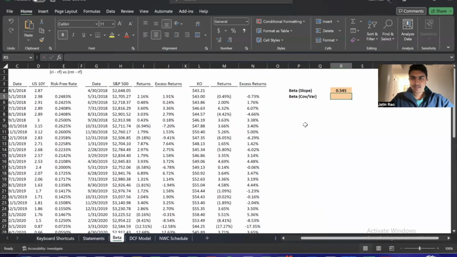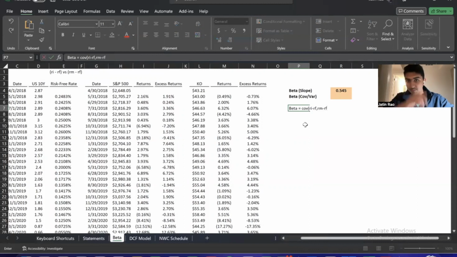Another way that you could do this is you could use the more financy formula for this. The technical definition of beta is that beta is equal to the covariance of RI minus RF and RM minus RF.